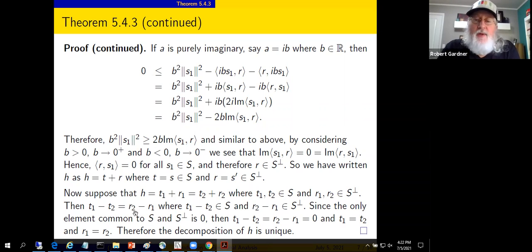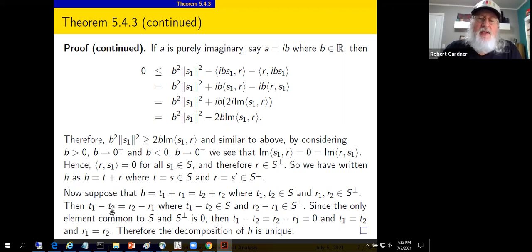But T1 and T2 are in subspace S. So T1 minus T2 is in subspace S. R1 and R2 are in S perp, which we saw to be a subspace itself. And so R2 minus R1 is also in S perp. But they're equal to each other.